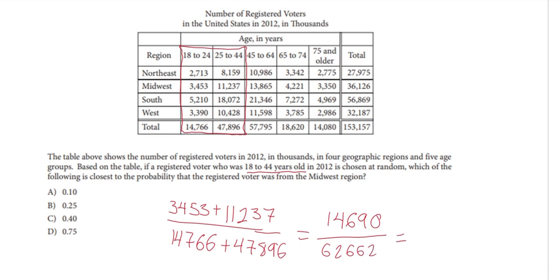Now if we divide these two numbers, we're going to get our answer. So 14,690 divided by 62,662 will give us approximately 0.23. And if we look at the answer choices, this is going to be closest to answer choice B, which is 0.25.